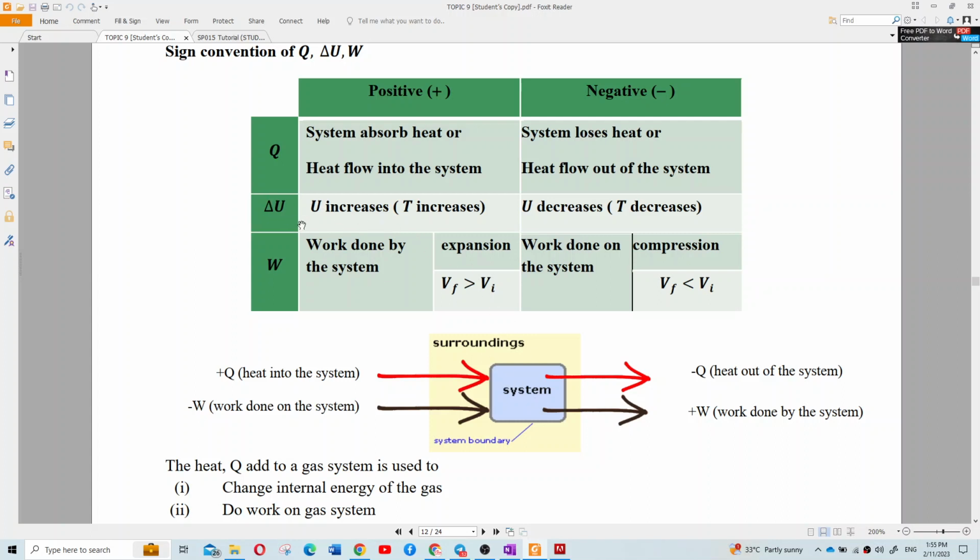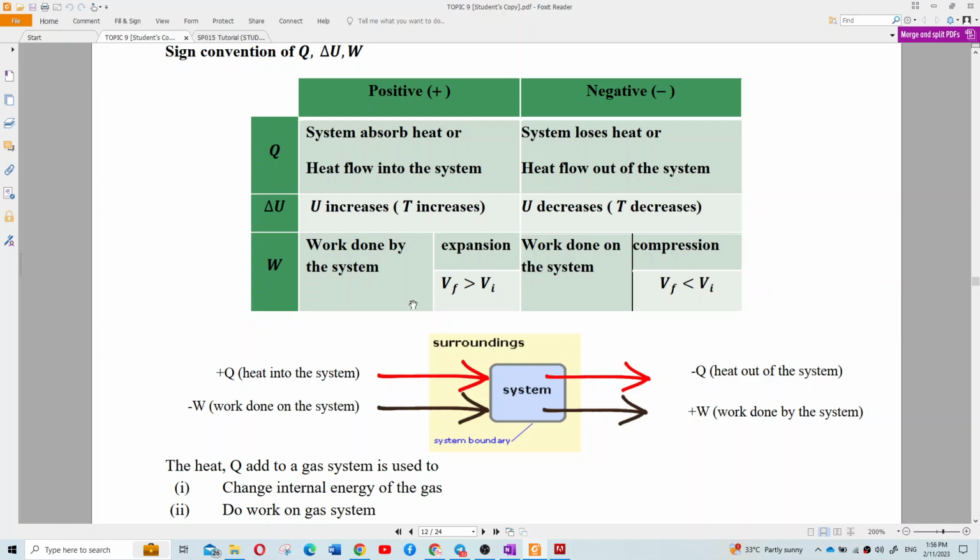Delta U positive means internal energy increases, temperature increases. If heat flows out from the system, the internal energy will decrease, and the temperature will decrease. Delta U is negative if your internal energy decreases. Understand, class? Give me a thumbs up if you understand.